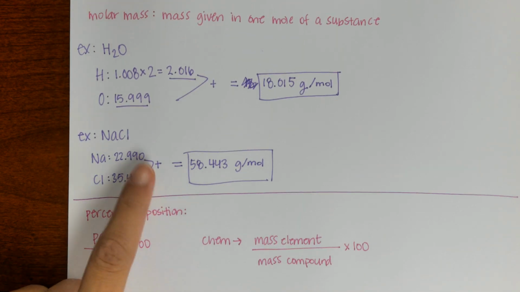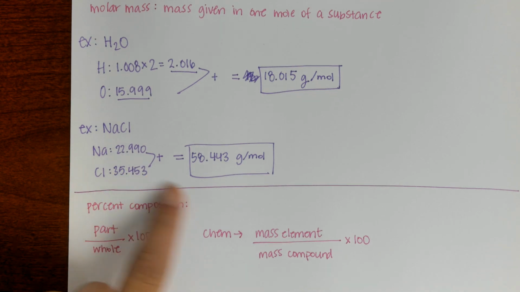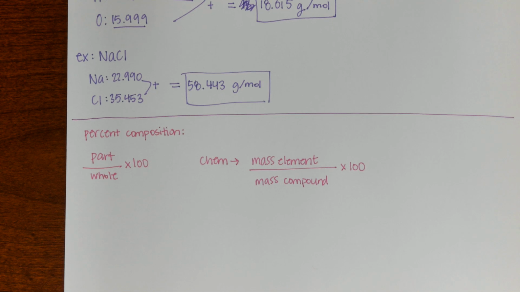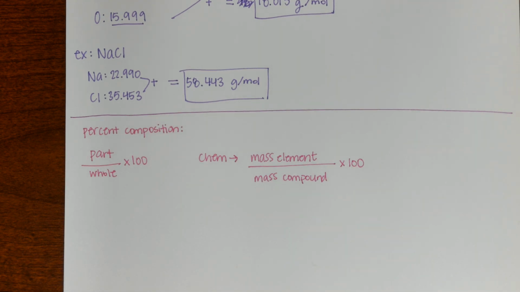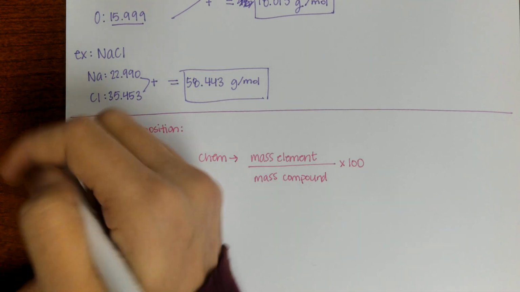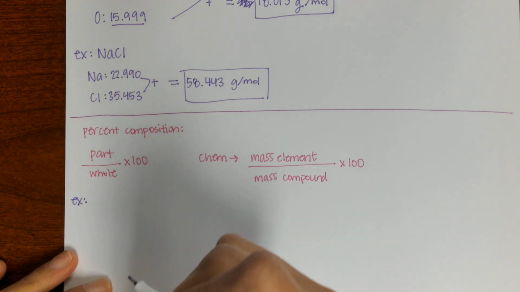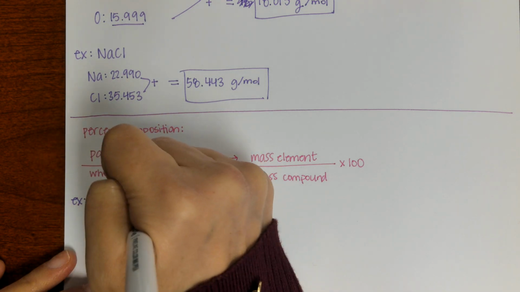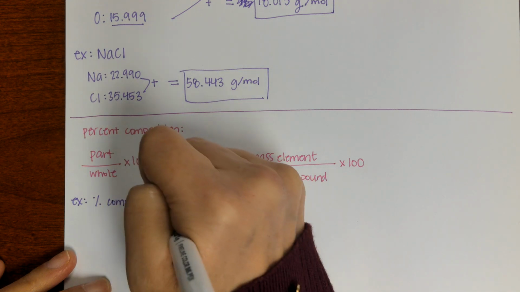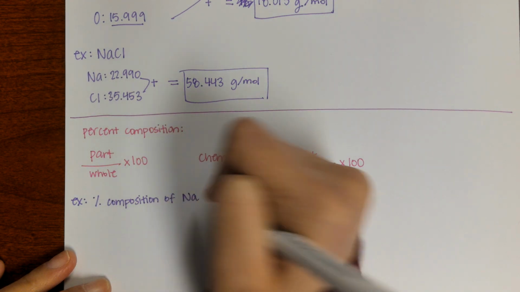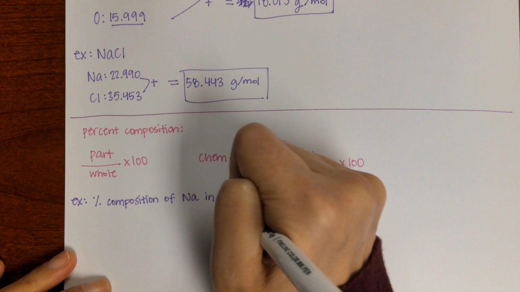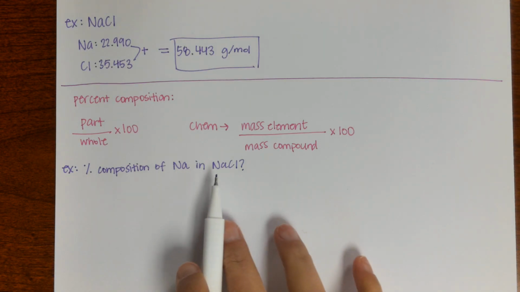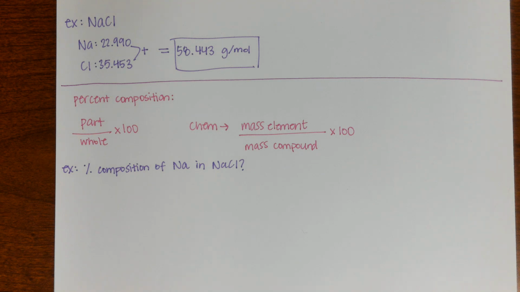I'm going to take this example first, since we already have our numbers here, and then I'm going to give you an example where you calculate everything by yourself. For example, if I ask you, what is the percent composition of Na in NaCl, what I'm asking is how much of sodium is in sodium chloride.